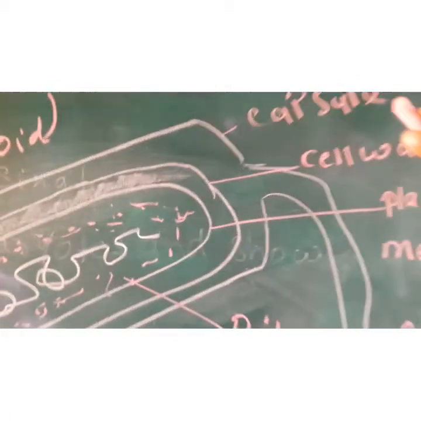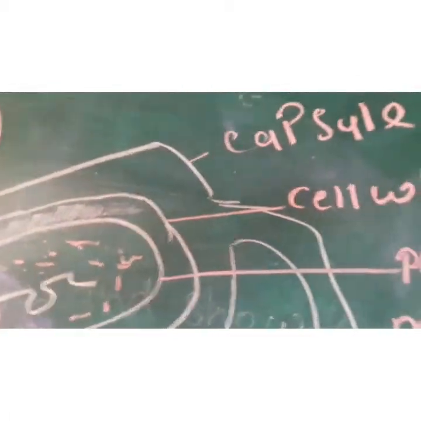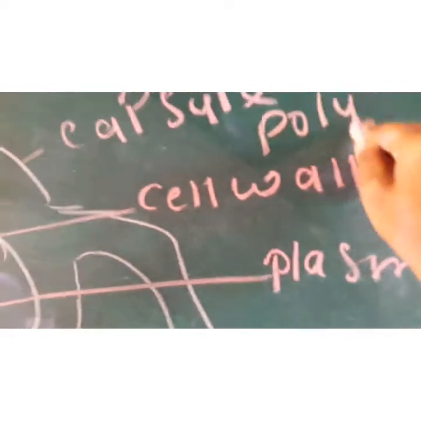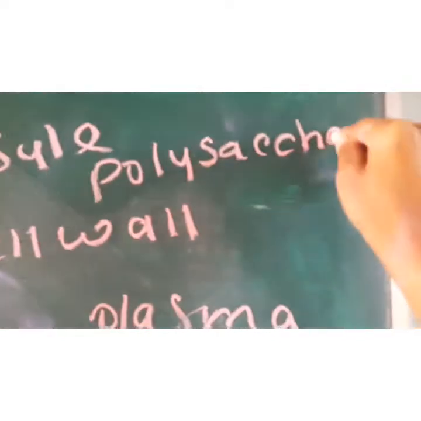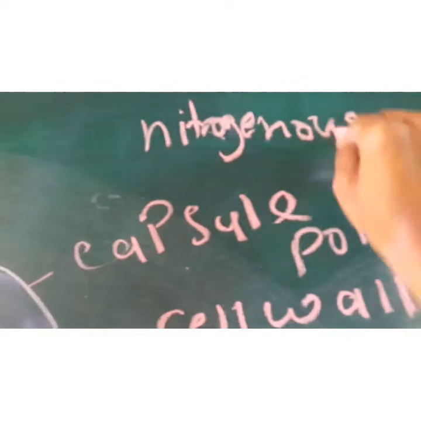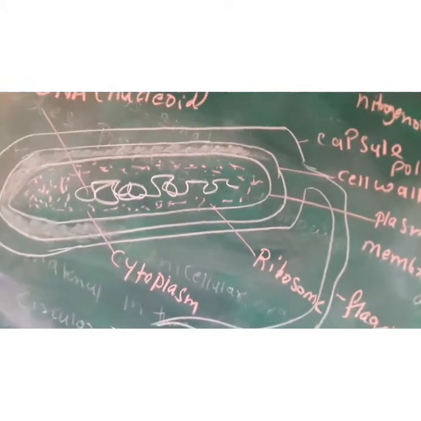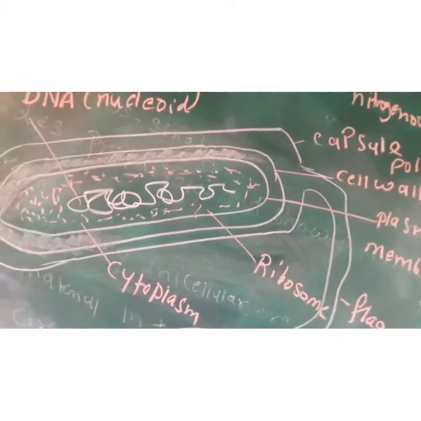So this capsule is made up of polysaccharides and nitrogenous substance. This layer becomes thick and then it is called the capsule.